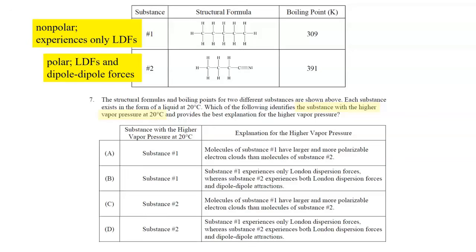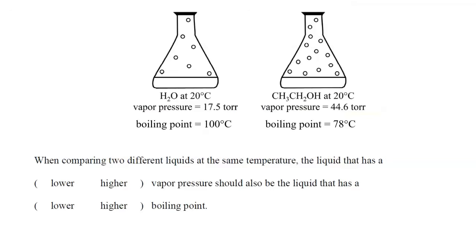Now, we already know the boiling point information. We know that substance number 1 happens to have a lower boiling point. That's because it has weaker intermolecular attractive forces. I'll remind you of something I mentioned earlier in this video when I was talking about question 2, this inverse relationship between the magnitude of the boiling point and the value for the vapor pressure at a certain temperature.